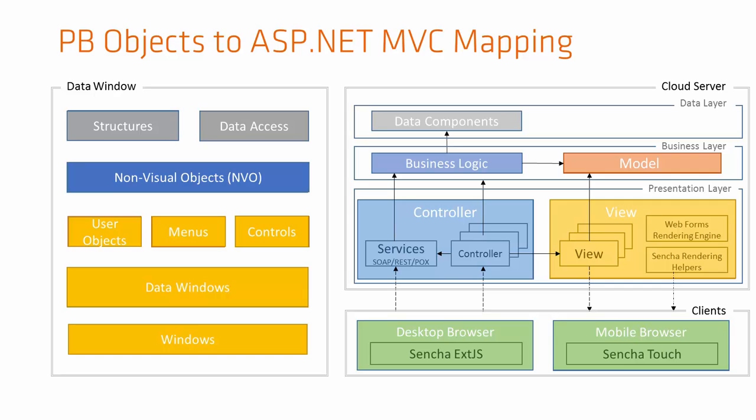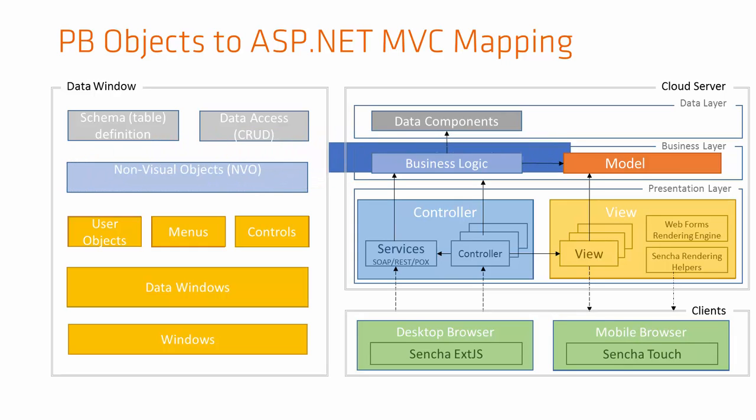So looking at a standard PowerBuilder architecture, let's see how the re-architecting is done. The data access becomes part of the data components in the data layer on the web or cloud server. The structures go to the model in the MVC part of the application.